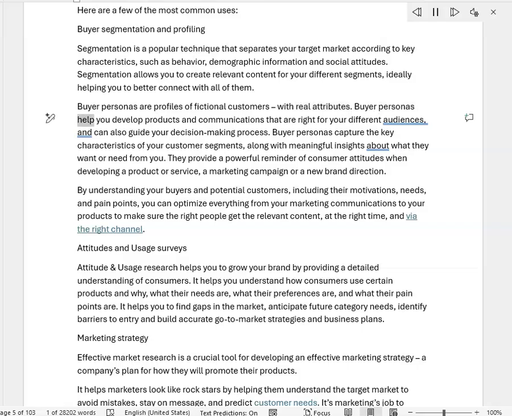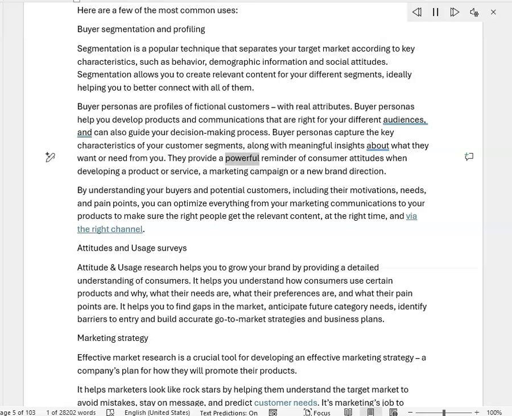Buyer personas help you develop products and communications that are right for your different audiences, and can also guide your decision-making process. Buyer personas capture the key characteristics of your customer segments, along with meaningful insights about what they want or need from you.